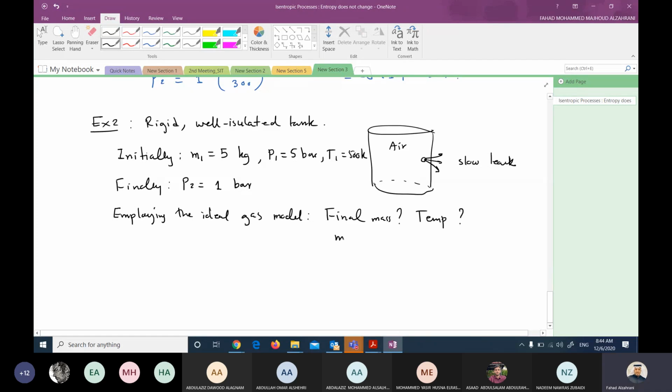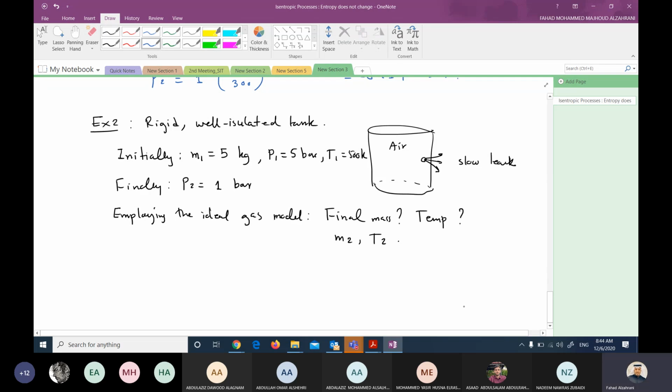So basically I need M2 and T2. What is the final mass and what is the final temperature? So how can we approach this problem? I'll show you the procedure, then I can give you the final answer. You can work it out, since we have only about 6 minutes left.